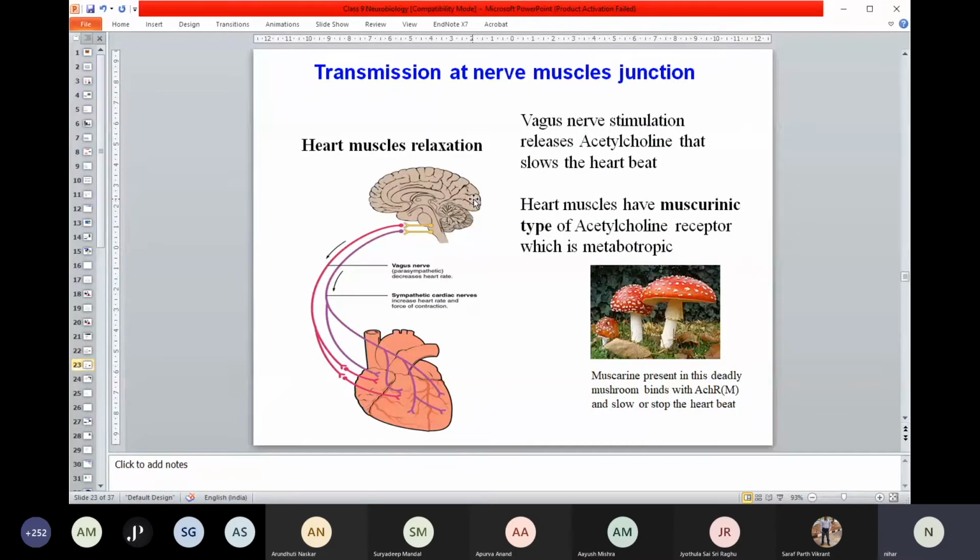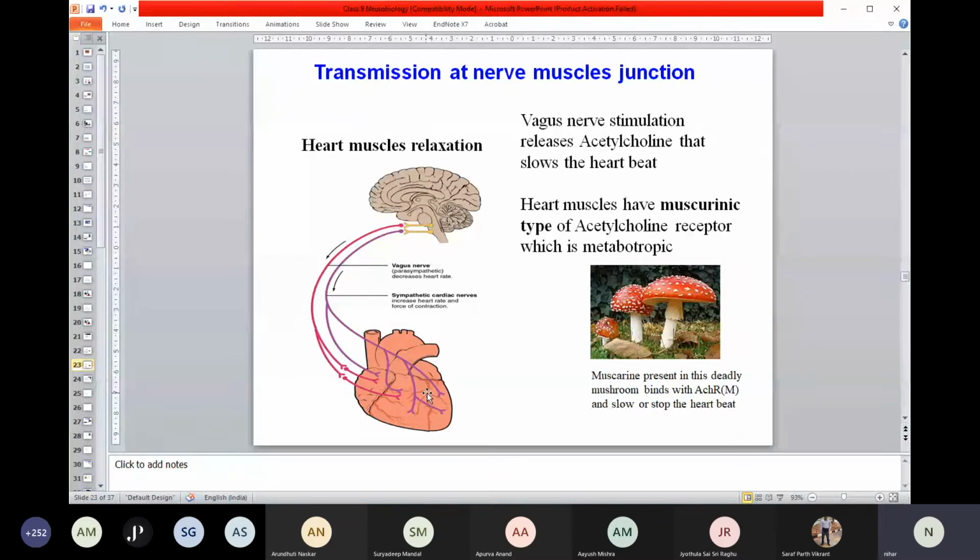Now I'll give you another example. It's completely opposite. Think about the case of the heart, how our system has evolved with so much complication. If you look at the heart and nerve junction, the rhythmicity of our heart is also controlled by different nerves, sympathetic and parasympathetic.